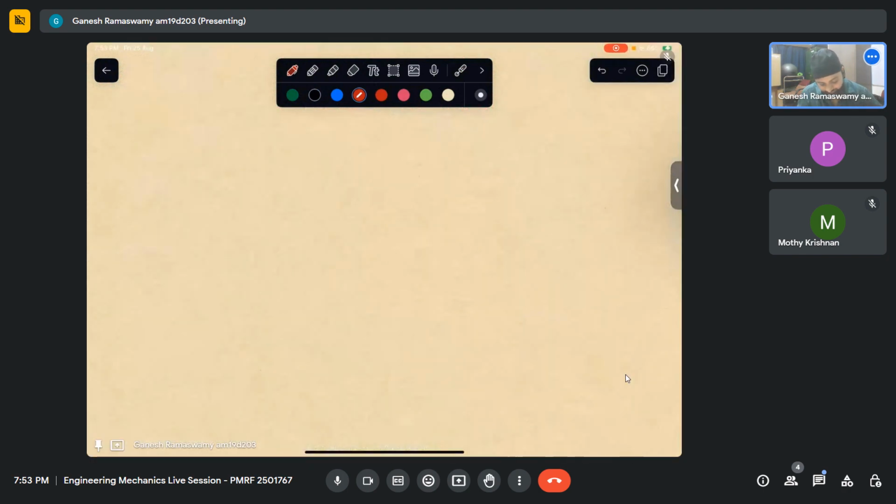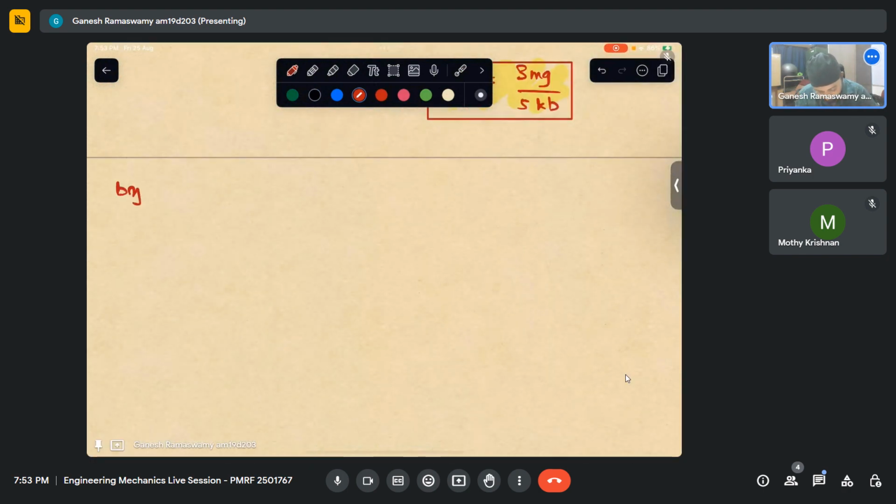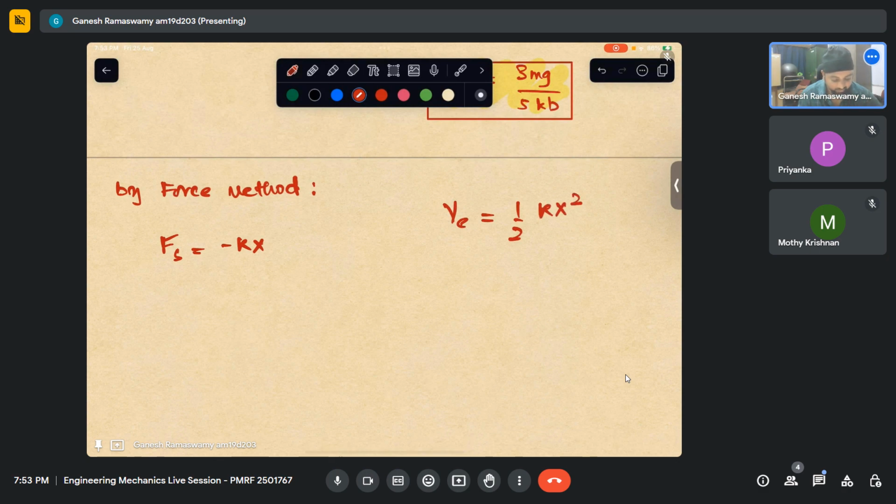by force method, instead of the energy approach, if I were to take the force approach, now I know that Fs is minus kx. What did we do? We wrote the spring potential energy as half kx squared, and then we took its derivative, which is nothing but kx delta x.